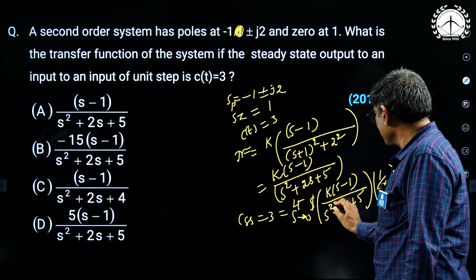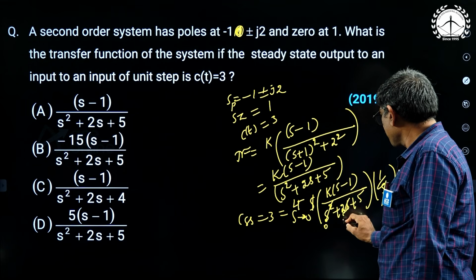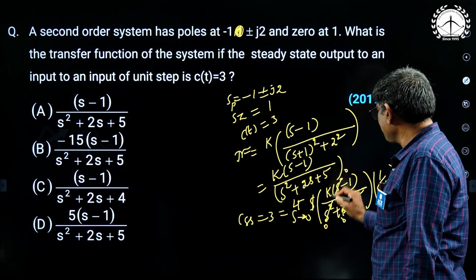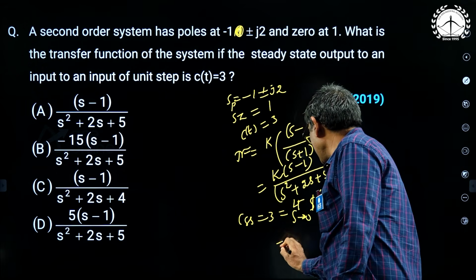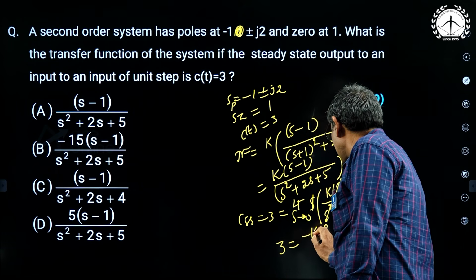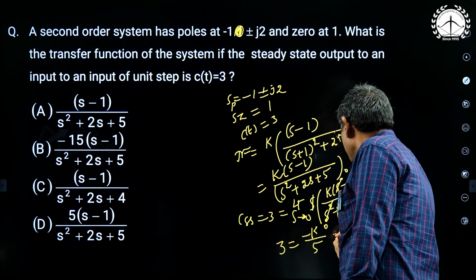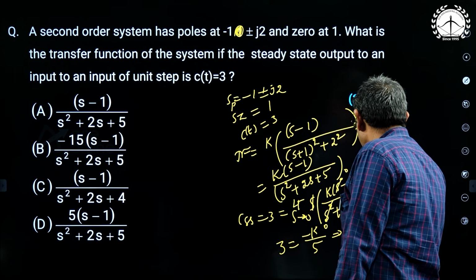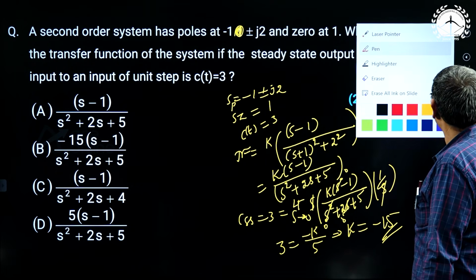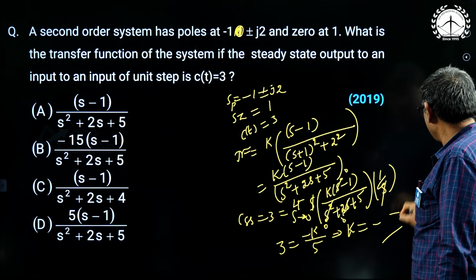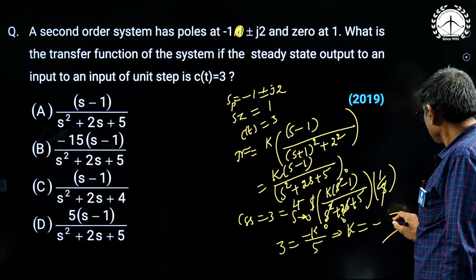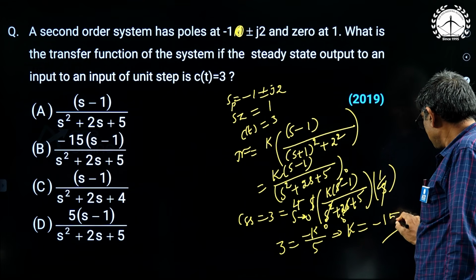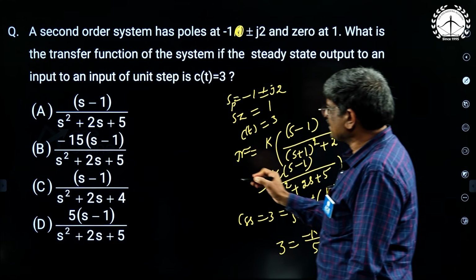The s cancels, and s tends to 0 is substituted. So what answer do you get? 3 equals minus K by 5. That means K equals minus 15, and the answer is B.